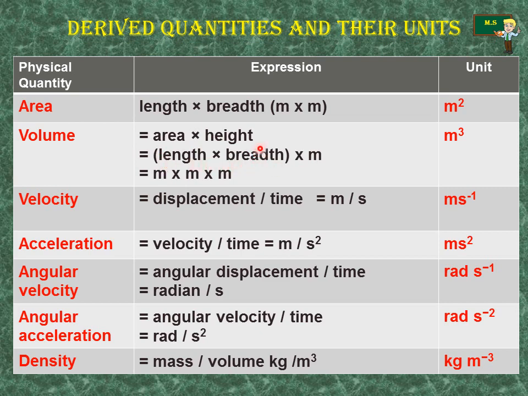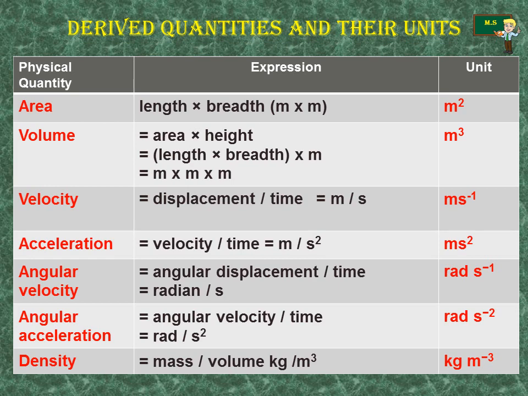Now we have to multiply the height also. How can you measure the height? It's also through the meter length. So m into m into m, that is m cube. This is the way the units for area and volume have been mentioned so far.